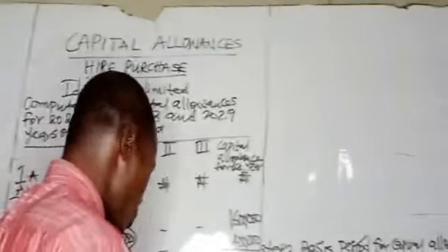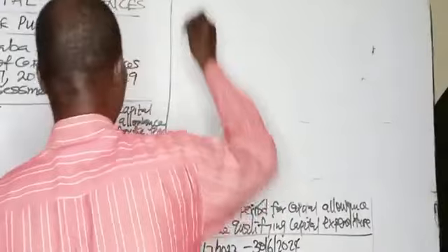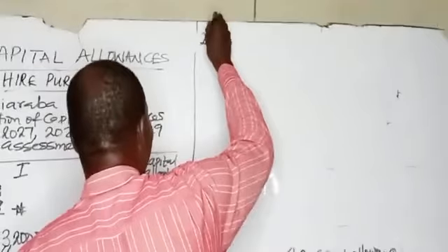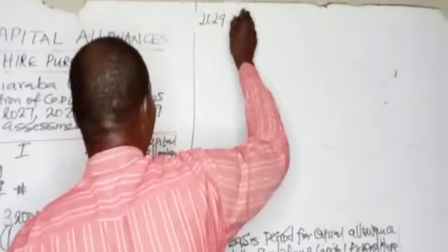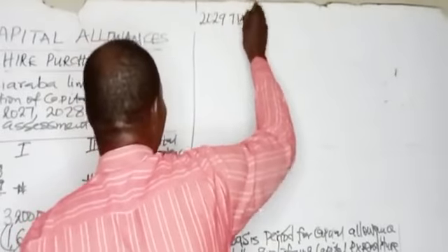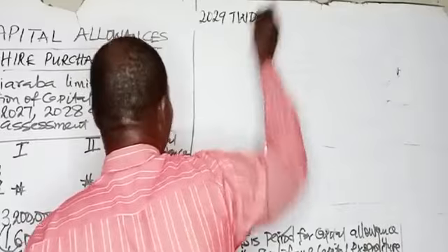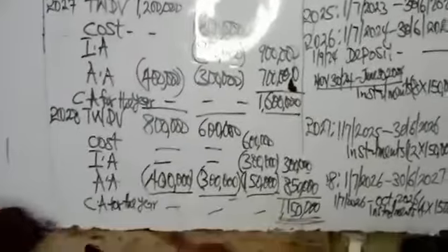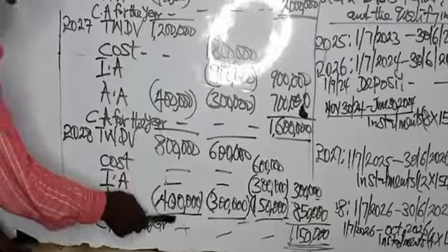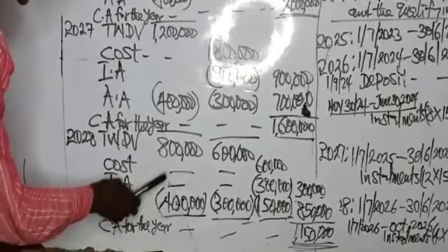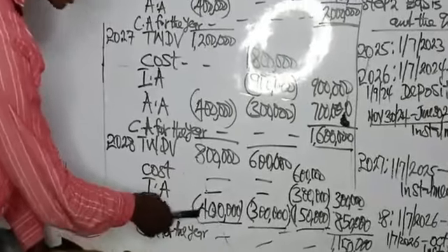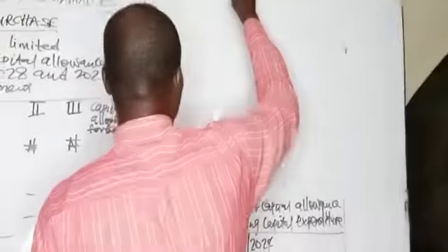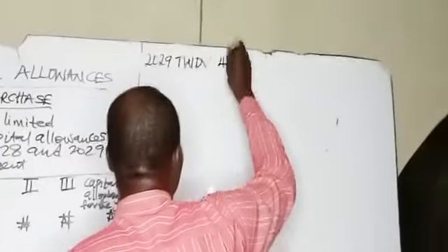Then the 2029 year of assessment, you have the tax written down value. The tax written down value of the first category of asset, 800,000 minus 400,000, that will be 400,000. First group, we have 400,000.